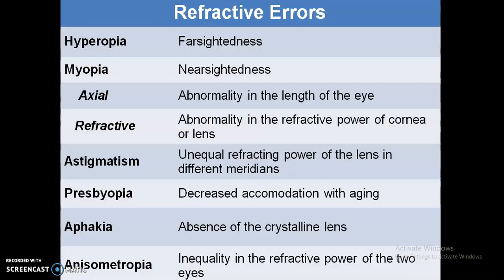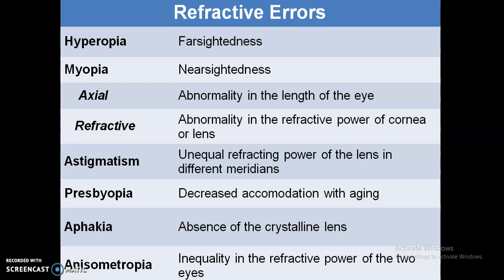The refractive errors are mainly hyperopia, myopia, astigmatism, presbyopia, aphakia, and anisometropia. Hyperopia means farsightedness. Myopia is nearsightedness: objects close to the eye are more visible, and more strain is required for far sight.